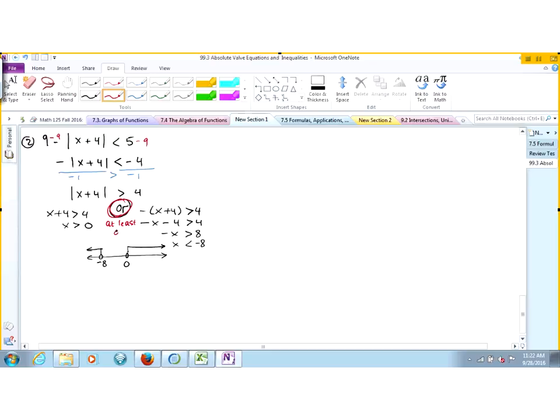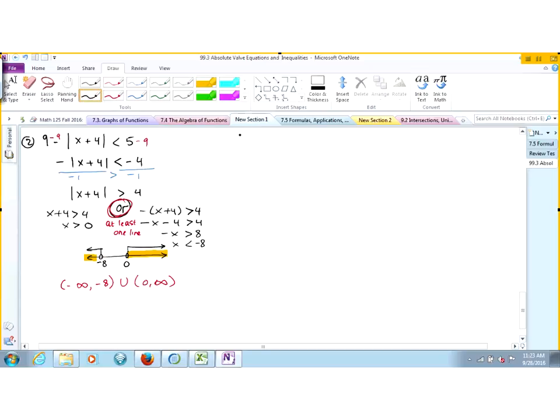At least one. So does any of the points have at least one line? Yeah. Okay. So which one is that? -infinity, -8, union 0, infinity. Right. Doable? Yeah, it is, right? Nothing hard about it.